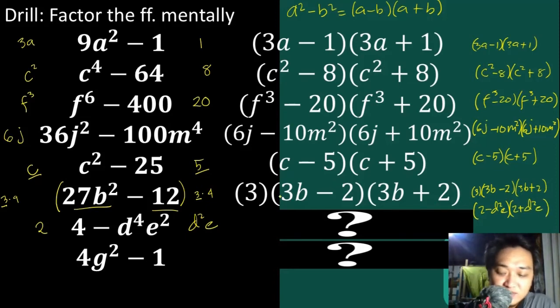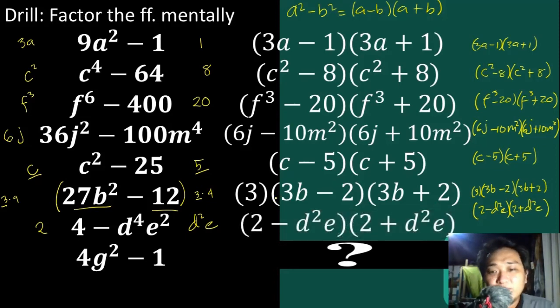O, tingnan natin kung tama tayo. Ayan, so tama tayo. The last, mas madali, ano? 4g squared minus 1. Automatic, ang factor niya is 2g minus 1 times 2g plus 1. Alam nyo mga langga, practice lang yan eh. Makukuha at makukuha natin agad yan.